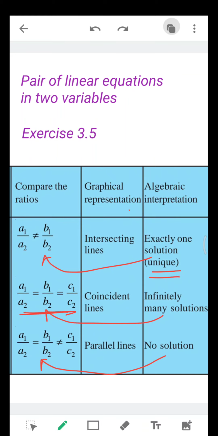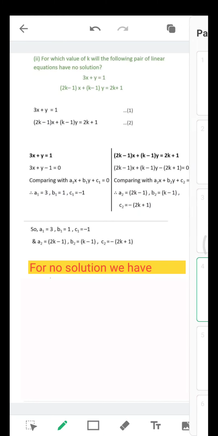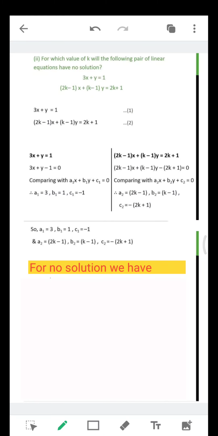Okay everyone, now let's go to one more bit. Now in this second bit, you can see for which value of k the following pair of linear equations have no solution. So again the equations are given here and one of the values is missing. You can see the k value. What's missing? The value of k we have to find.